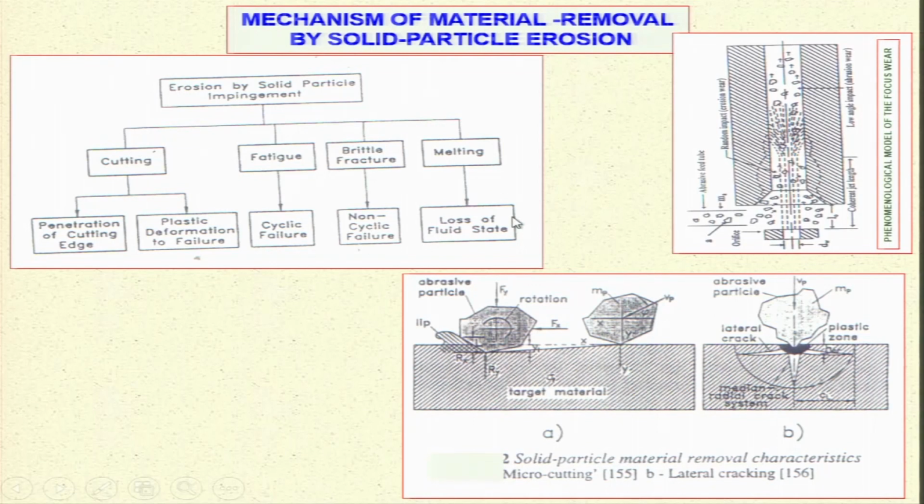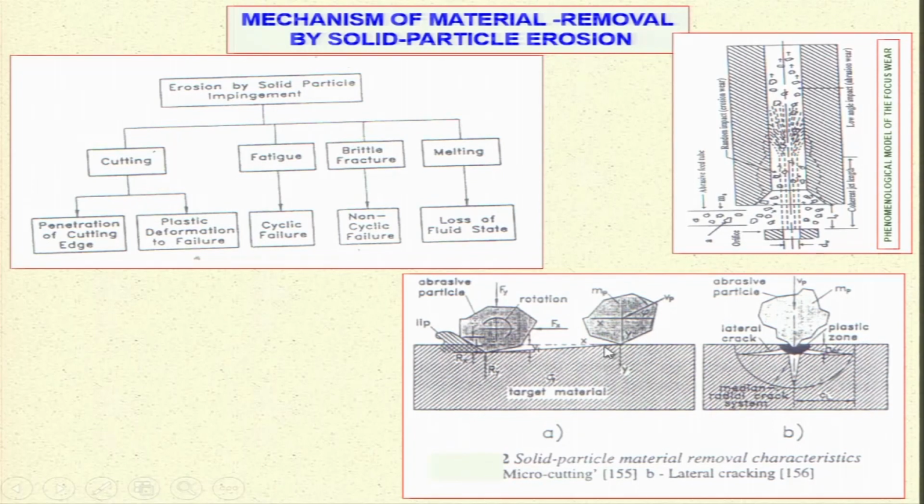Now I have just shown that brittle fracture may take place or plastic deformation may take place. If the material is brittle and the abrasive particle is impacting at 90 degrees, or vertical to the workpiece surface, brittle fracture is going to take place. You can see lateral cracks are there, and once their density increases, these parts will be separated out from the workpiece.